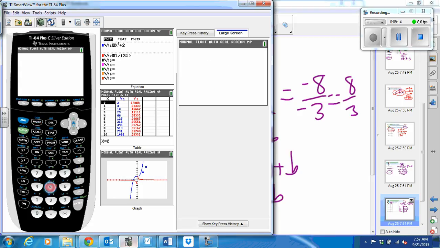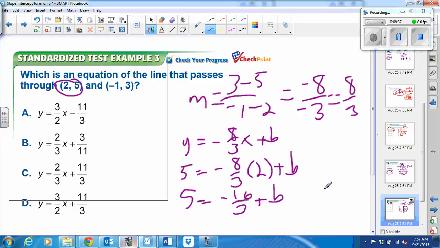So we want to do 5 plus 16 divided by 3. And remember, a fraction is just division. Now, it's going to come up a pretty ugly number, but look what happens if we hit math over there on the left-hand side of the screen, and the very first option is frac, and hit enter, enter. We get that it's 31/3. We did something wrong.